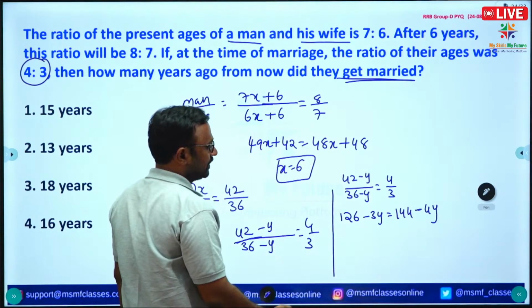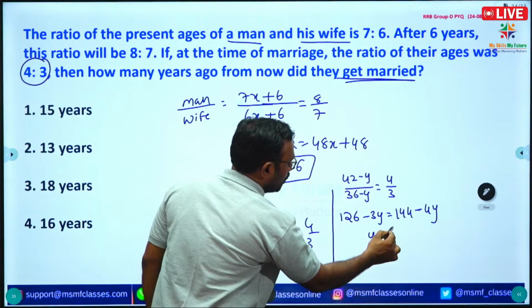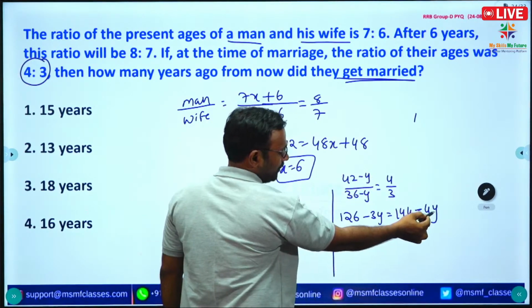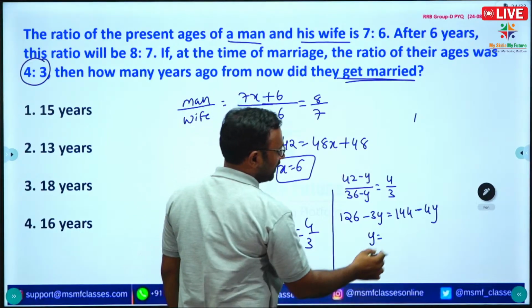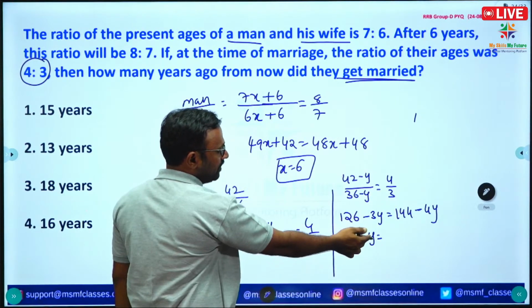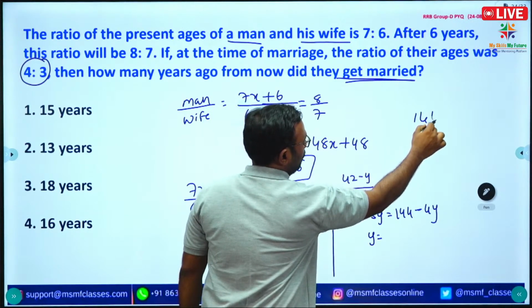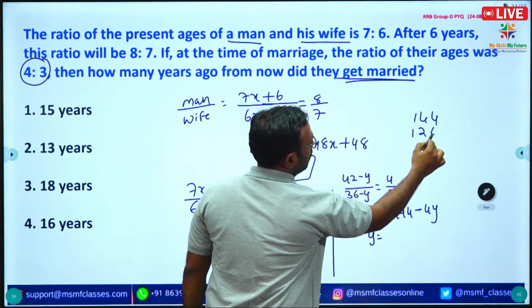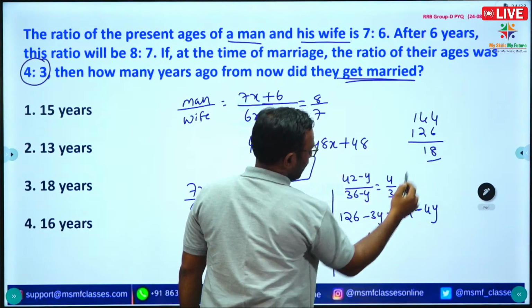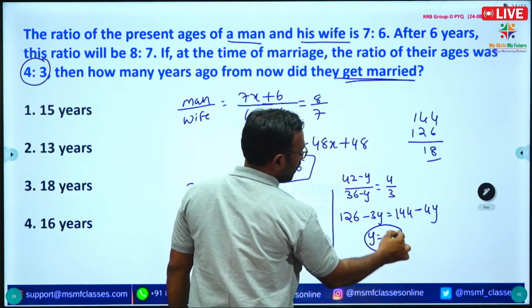Right, so moving minus 4y to the left side, we get 4y minus 3y, which is y. So 144 minus 126, we get 18. So y is equal to 18.